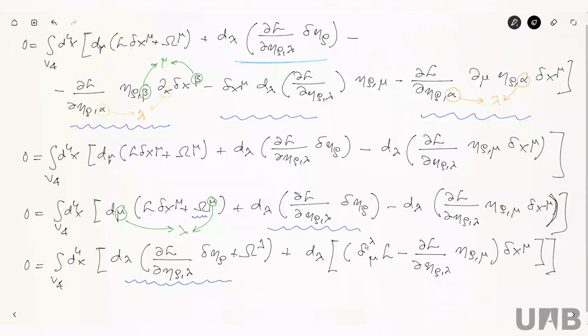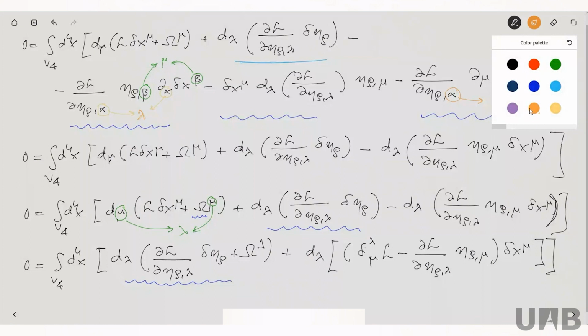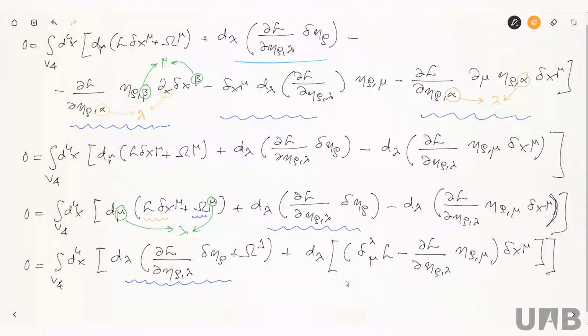So let's see that this term is this term here, okay? Now, if I take the derivative with a delta lambda mu, this thing suppresses the derivative except when lambda is mu. So this is going to be d mu L, but d mu L is what I find here. d mu times L delta x mu, and this is what I have, L times delta x mu. This delta x mu multiplies the L, and the derivative is the derivative of the two of them.